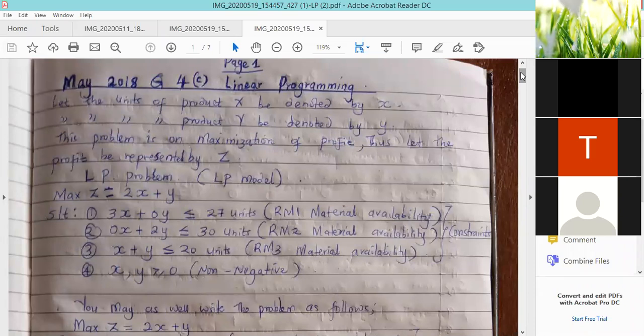The details of the raw materials required for the production of the 2 products are as below. You can see the raw materials plus their maximum availability, and there are some units required for us to be able to produce a unit of, say, X, a unit of Y out of the available materials.